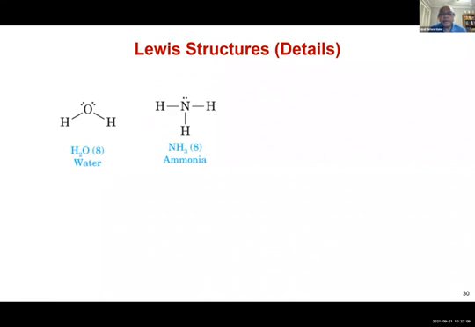Nitrogen in ammonia has 5 valence electrons. Hydrogen has 1 each. The 3 hydrogens make up 3 electrons, plus 5 from nitrogen, 8 electrons.